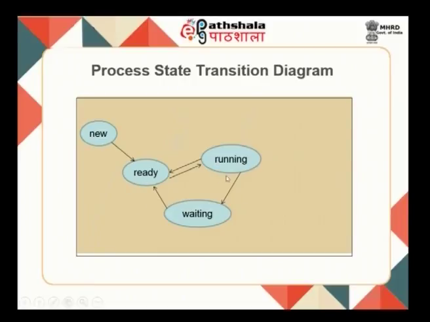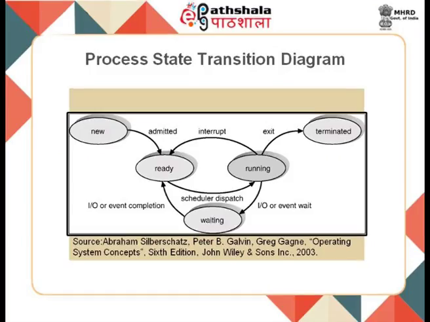And this process can move back and forth between running state, waiting state, ready state, and so on during its lifetime, and once it finishes all its instructions, the process is terminated and it moves to the terminated state. So, this diagram is called a process state transition diagram, which shows the different states in which a process can be. This diagram shows the overall thing that happens.